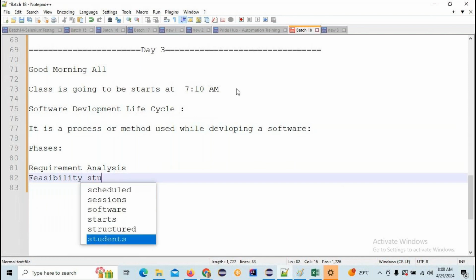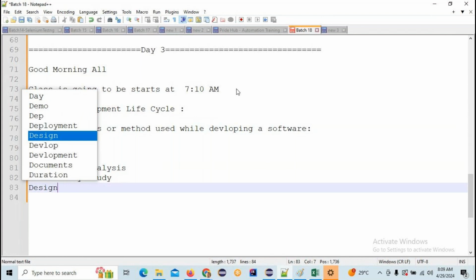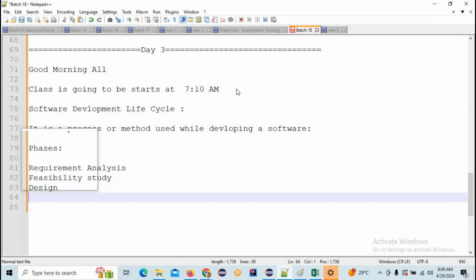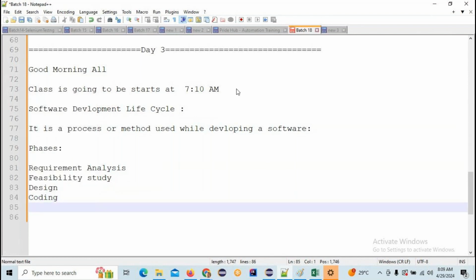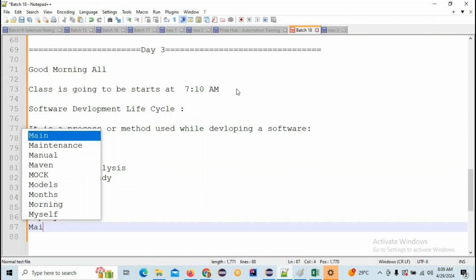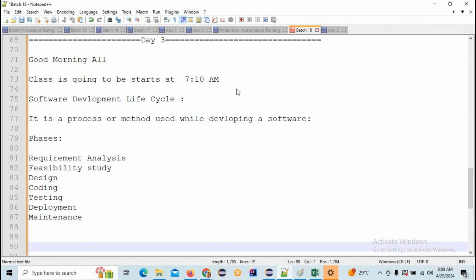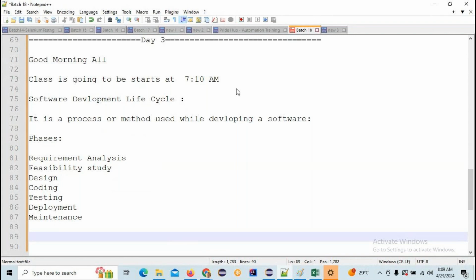Next is design, coding, testing, deployment, maintenance. These are the phases we have in the software development lifecycle: requirement analysis, feasibility study, design, coding, testing, deployment, and maintenance.